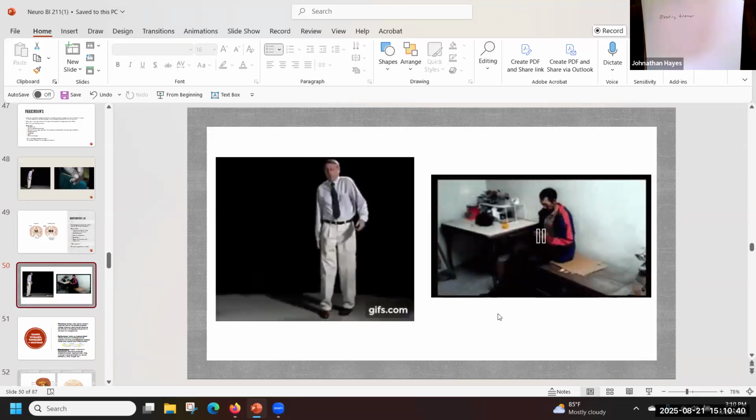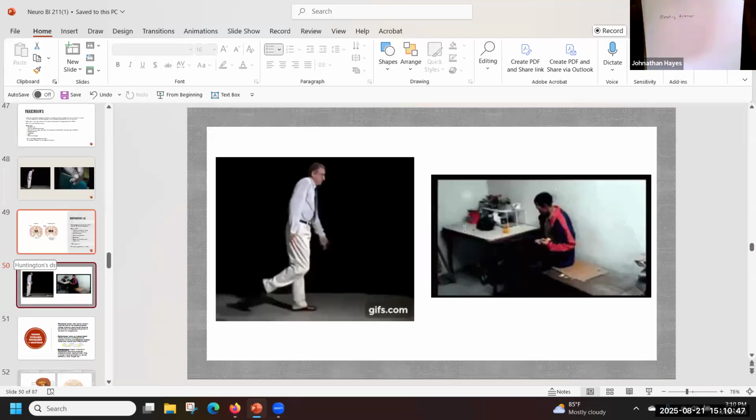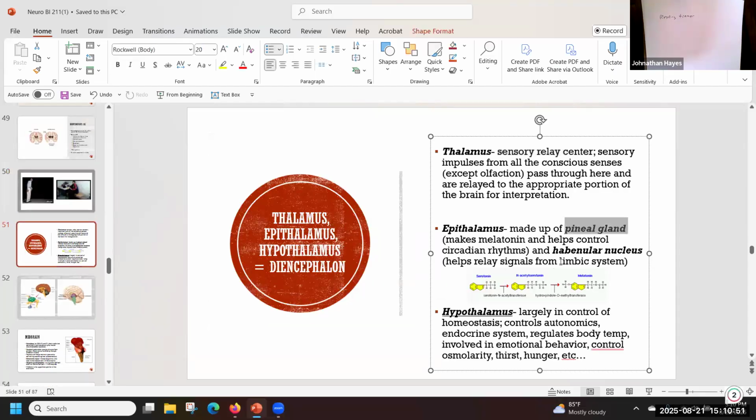Thalamus, epithalamus, hypothalamus. Thalamus, we always remember as the sensory relay center. Epithalamus is more of a region. So you've got the pineal gland there, which helps with day-night cycle monitoring. It helps set your biological clock.